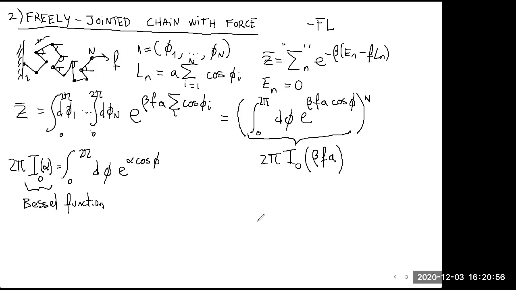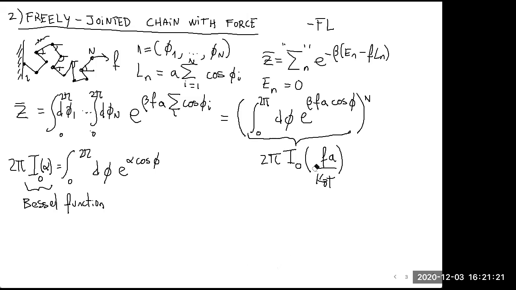Very important when you see this type of special function, what comes inside should be dimensionless. We couldn't have a special function of beta because beta has units. But this is beta f a, which is the same as saying f a divided by kBT. So it's an energy divided by an energy. This is correct.